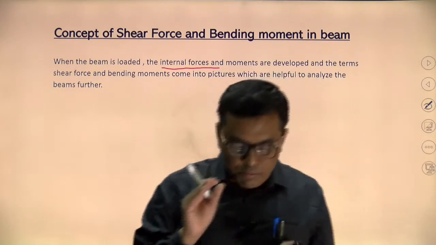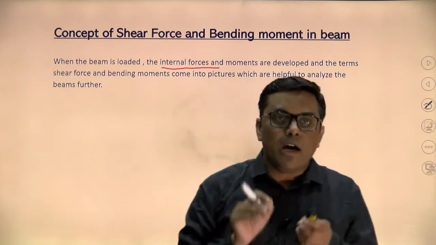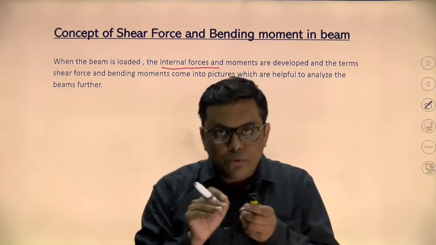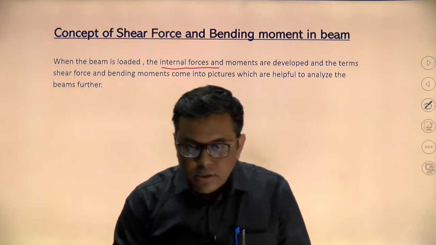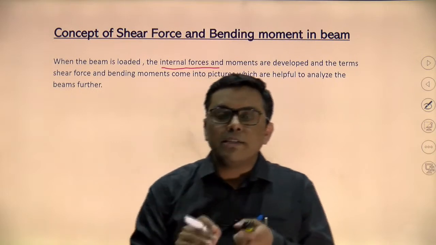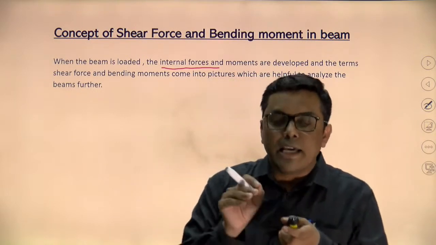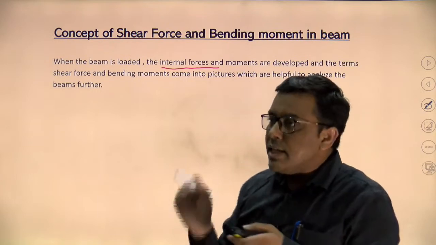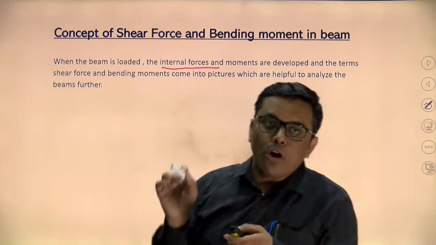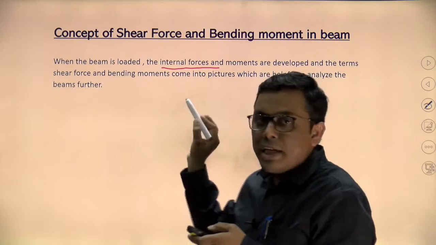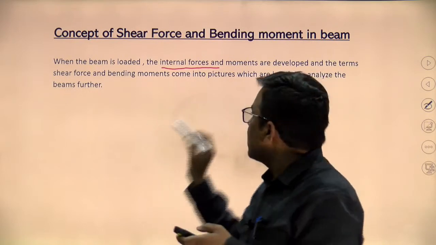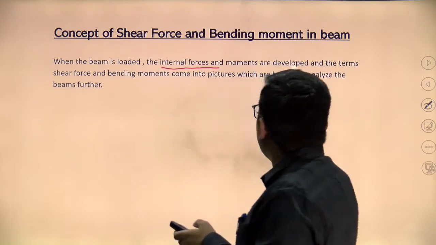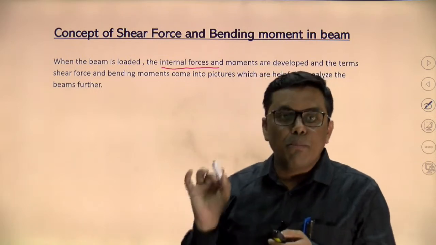Again I am coming to that point: whenever a beam is loaded by different kinds of loads, it offers certain resistance against these loads, and these internal resistances offered by the beam material and beam cross section are known as shear force and bending moment.